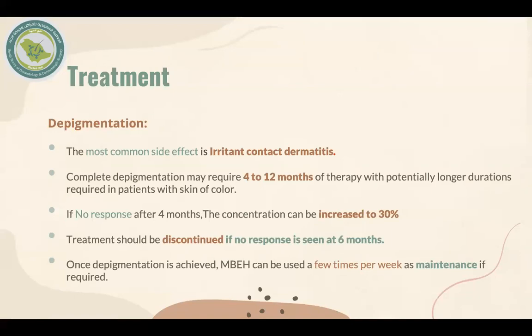Complete depigmentation may require 4 to 12 months of therapy, with potentially longer duration required in patients with darker skin color. If there is no response after 4 months, the concentration can be increased to 30%. Treatment should be discontinued if there is no response at 6 months. Once depigmentation is achieved, it can be used a few times per week as maintenance therapy.